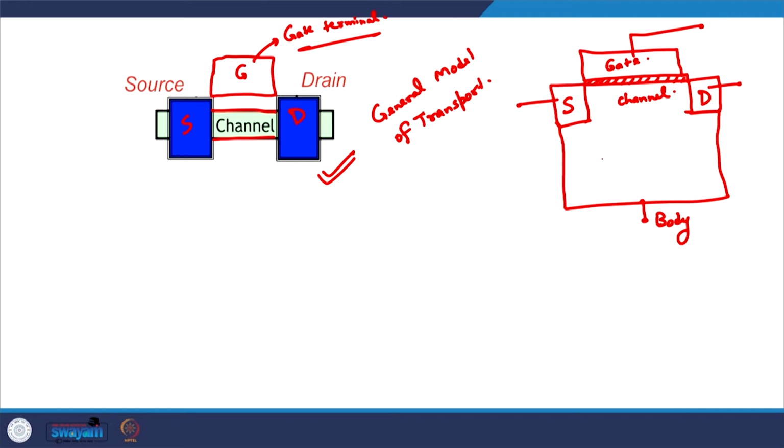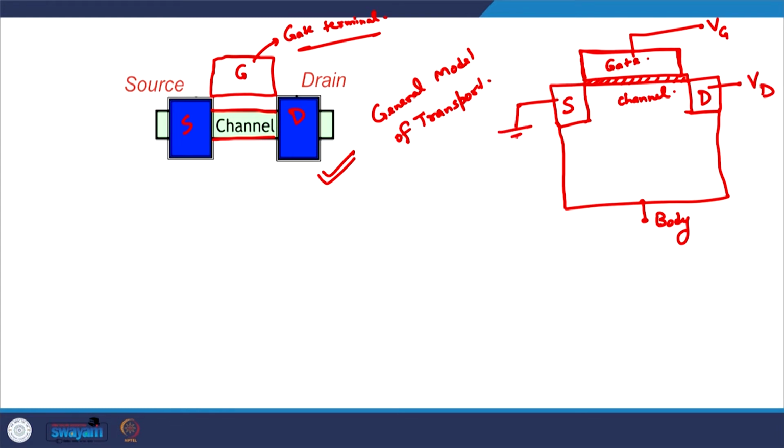So, let us say that in addition to the source and drain terminals, there is a generally very thin layer of insulating material, and on top of that insulating material there is the third terminal where we can apply the gate voltage.